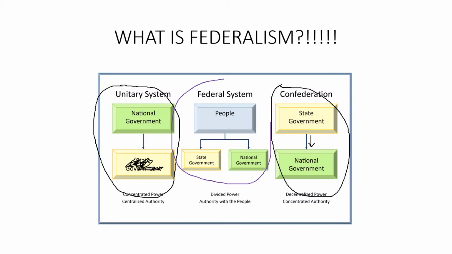All right, and so you notice here the sovereignty of the people flows in 2 directions: one to state governments, one to the national government. So we call that dual sovereignty. And this sovereignty is expressed, these arrows are expressed, by constitutions.